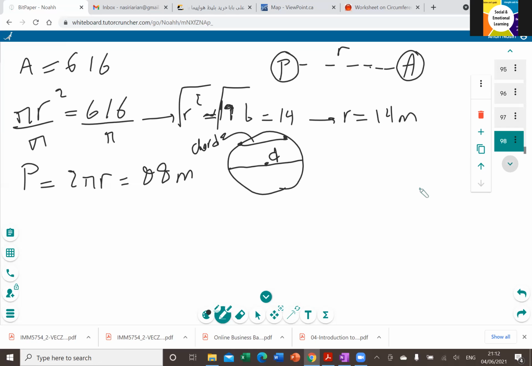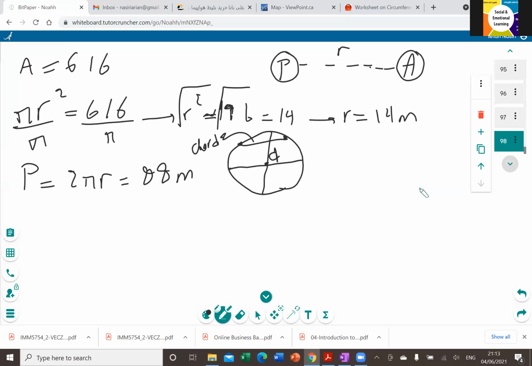However, a diameter splits the circle into two equal arcs, no matter what the diameter looks like, any diameter. What is the difference between a diameter and a chord? The diameter just passes through the center of the circle. So if you're dealing with a diameter, two arcs are going to be produced that are equal to each other.